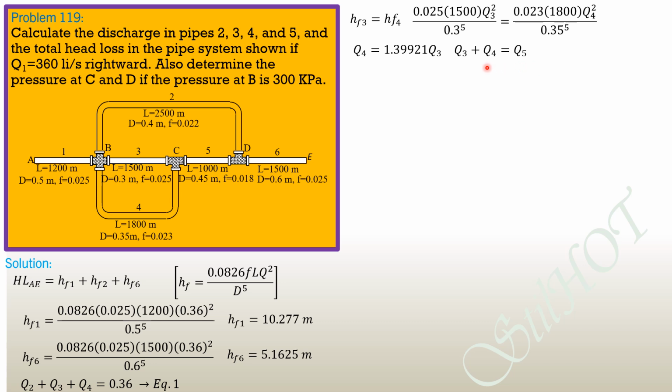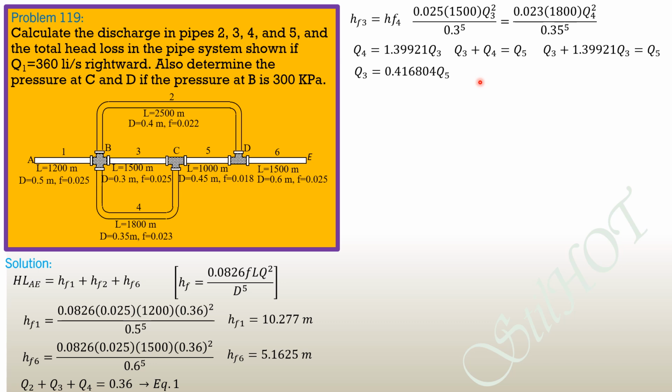Then likewise, Q3 plus Q4 equals Q5. And since Q4 is expressed in terms of Q3, Q3 plus 1.39921 of Q3 equals Q5. From there, we can express Q3 in terms of Q5. So Q3 is equal to 0.416804 of Q5.